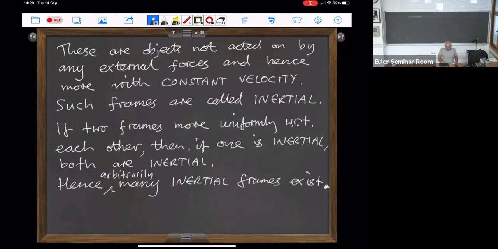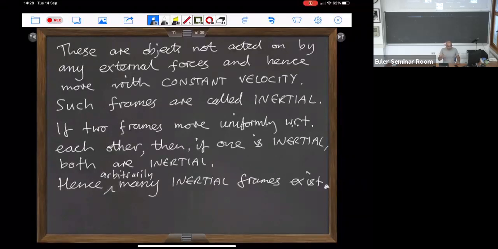These frames are called inertial frames. If any two such frames move uniformly with respect to each other, and one of them is inertial, the other one must be inertial, because the relative velocity between them is constant. And if that is so, one can construct arbitrarily many inertial frames.